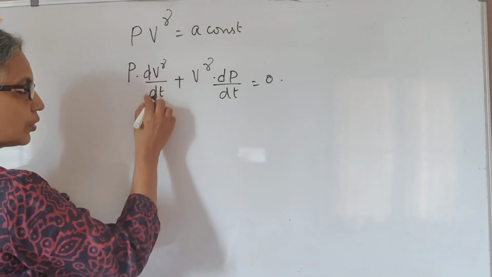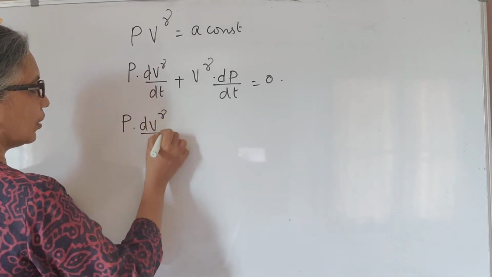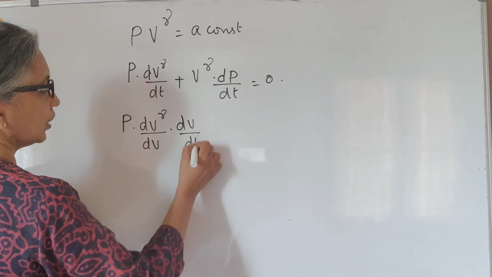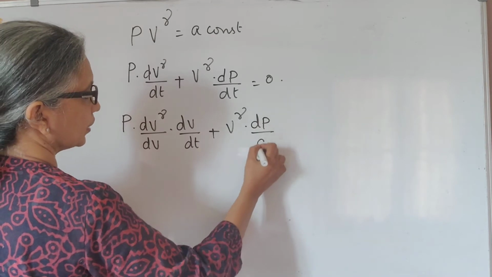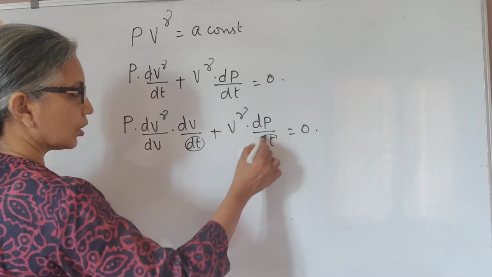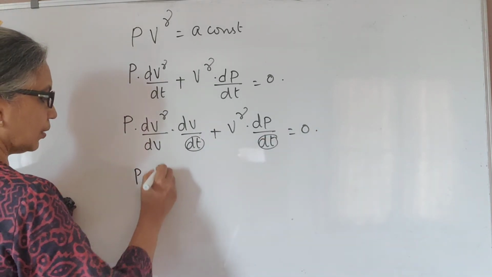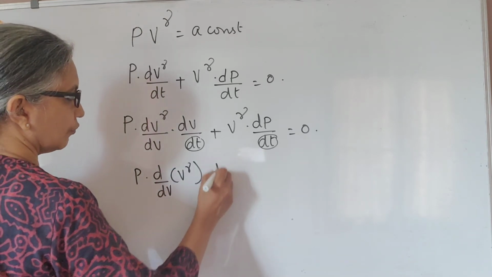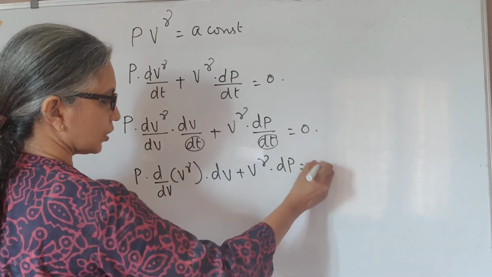So d(V raised to gamma) by dV into dV by dt plus V raised to gamma into dP by dt is equal to 0. Now I may write P into d by dV of V raised to gamma into dV plus V raised to gamma into dP equal to 0.